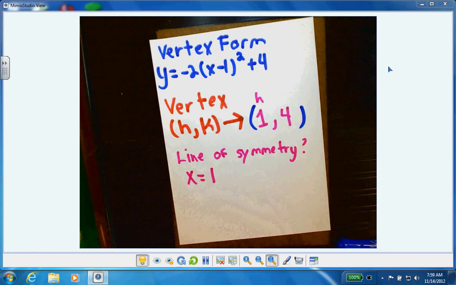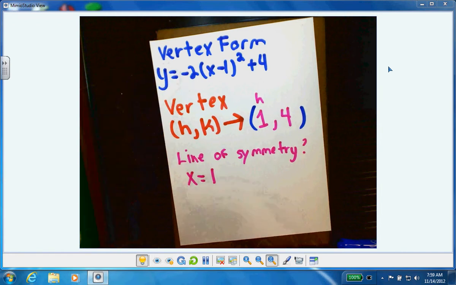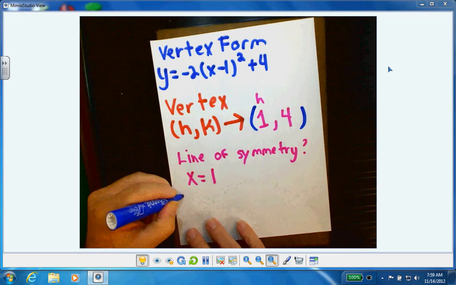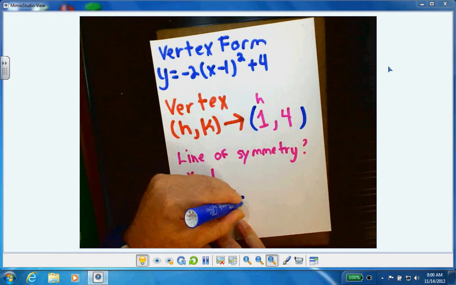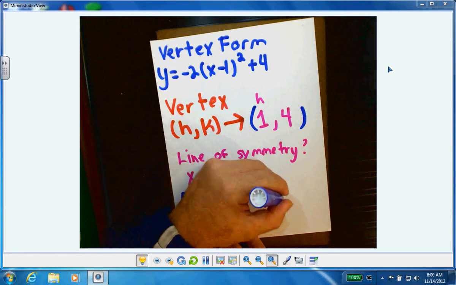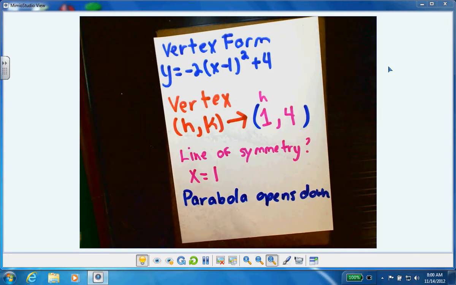Did it open up? Did it open down? Well, this number was negative at the front, so that means the parabola opens down.